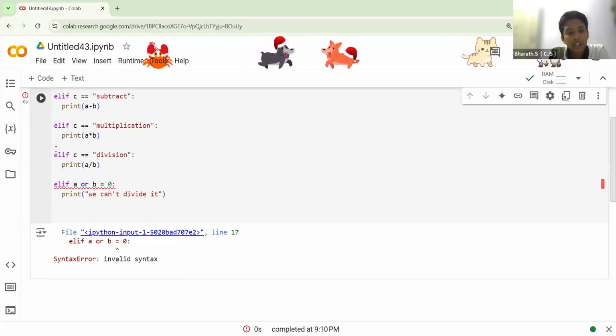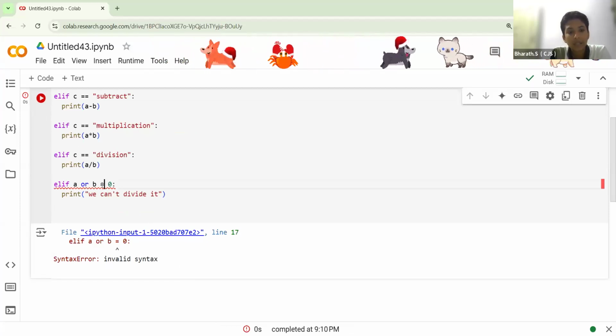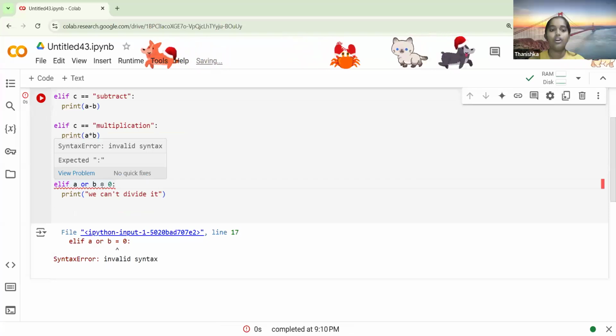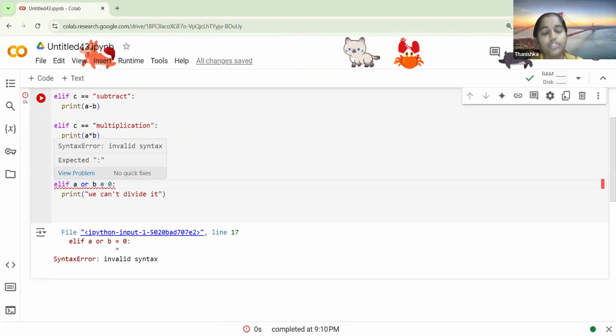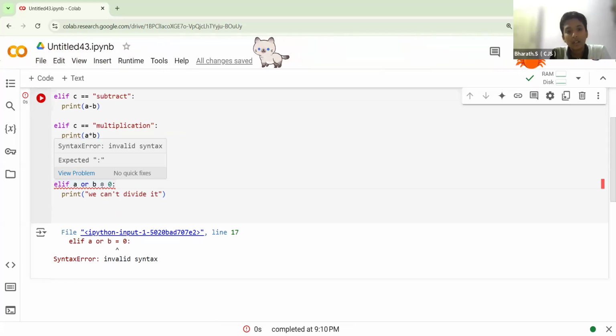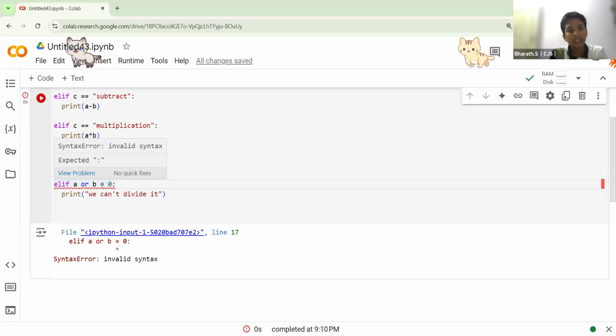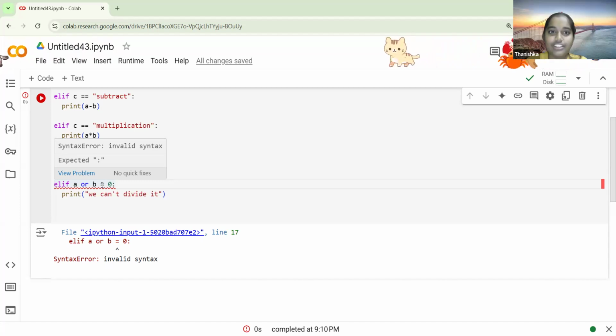Sister, for that A or B double equals, we can use no. Okay, why should we use equal sign twice? It means A or B equal to 0. If I use equal sign once, what will happen? It will be not equal to that. Why?